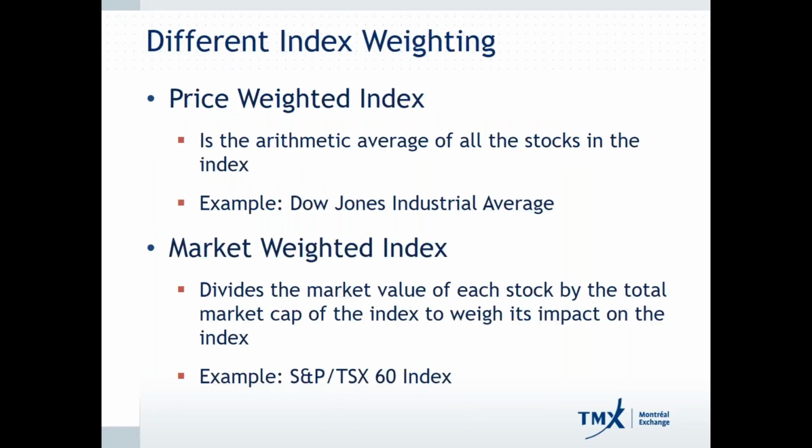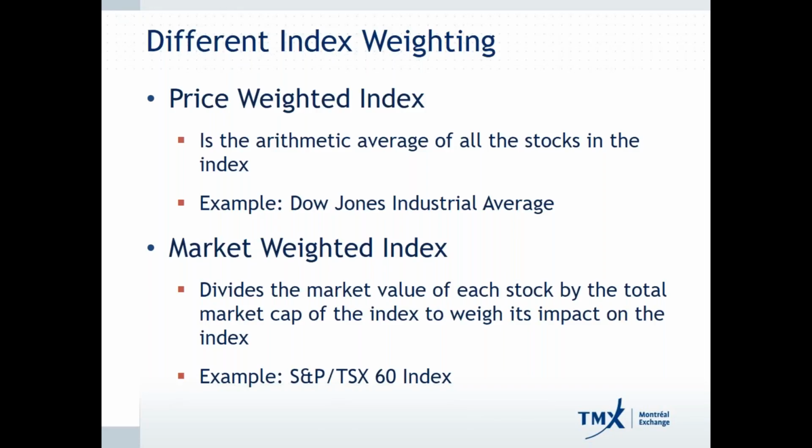value of the index. There are a couple of different ways that indices can be weighted. We have price-weighted indices, which take an arithmetic average of all the stocks within the index. Most of you are familiar with the Dow Jones Industrial Average, which is a price-weighted index.